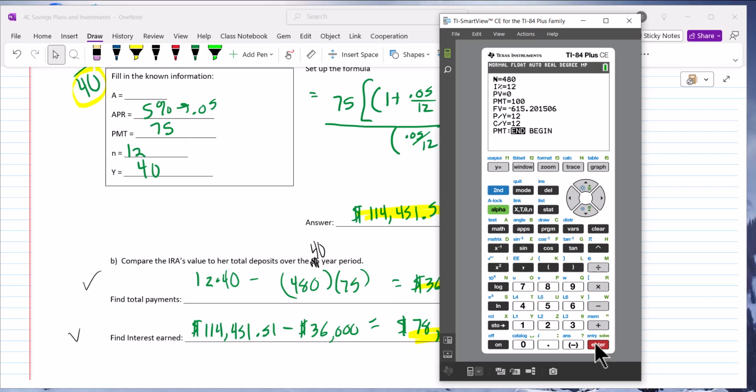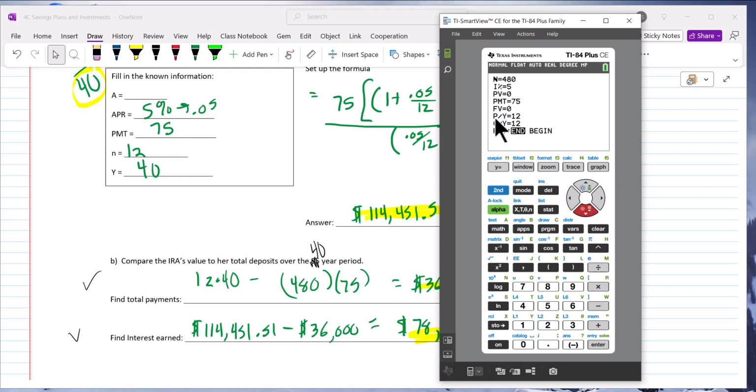When you put the interest in, don't change it to a decimal. PV means present value at the beginning. At the beginning of time, there's $0 in your bank account, right? The payment, you want to put in 75. It's a $75 payment. And then the future value, just put 0 in there for now.